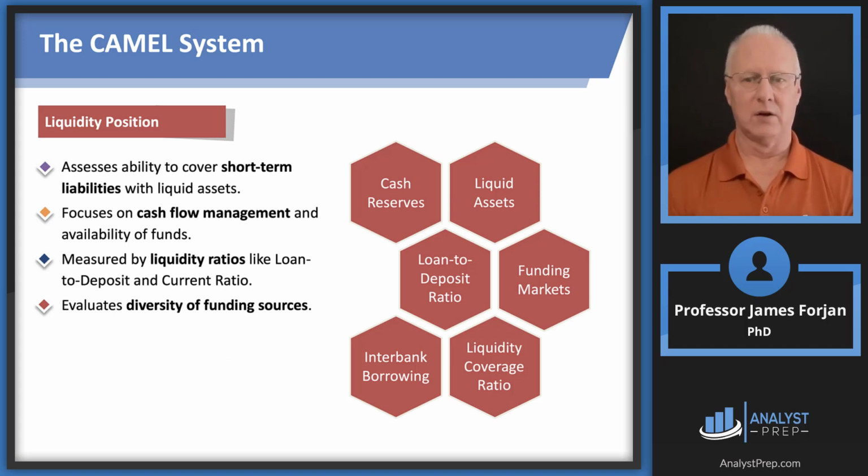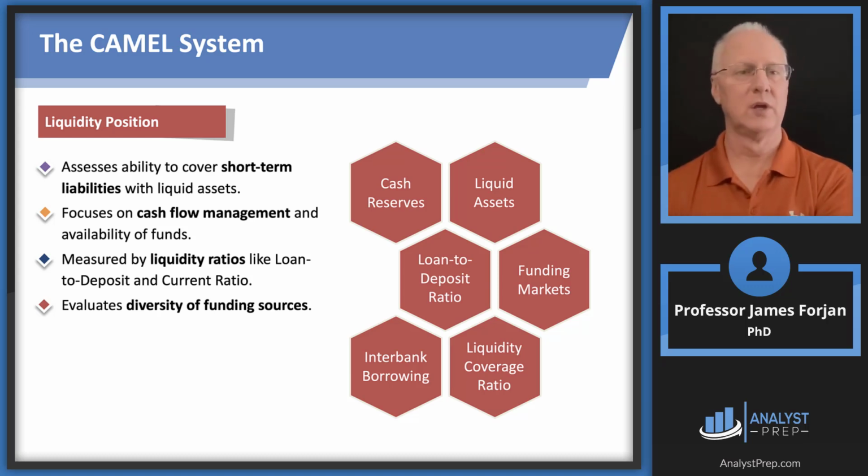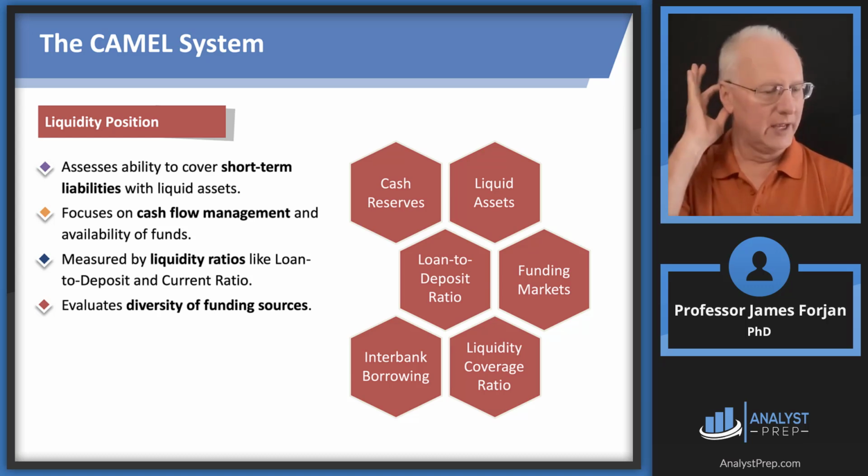Liquidity. Look at all of the boxes that we have over on the right. Cash reserves, liquid assets, coverage ratios, the interbank borrowing market, the funding markets. And so we're going to have all sorts of liquidity ratios here. Remember, this really is just a sense of short-term ability to have sufficient short-term assets to meet those short-term liabilities.